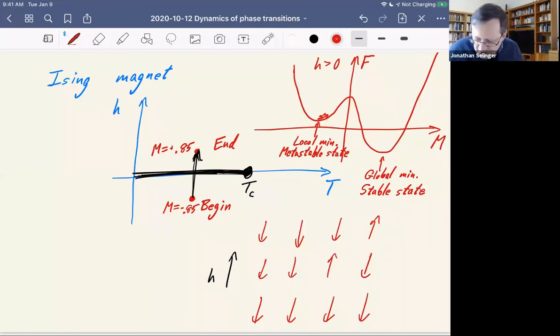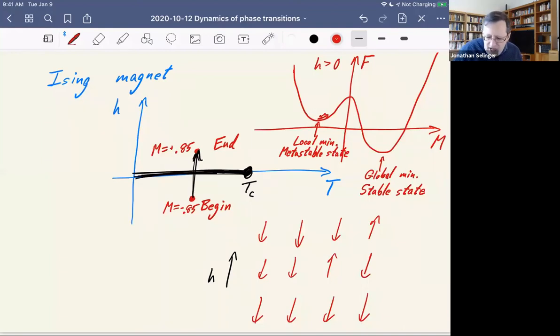So the stable state is the global minimum of the free energy, right? It's the order parameter that gives the absolute lowest possible value of the free energy. But a metastable state is a local minimum of the free energy.